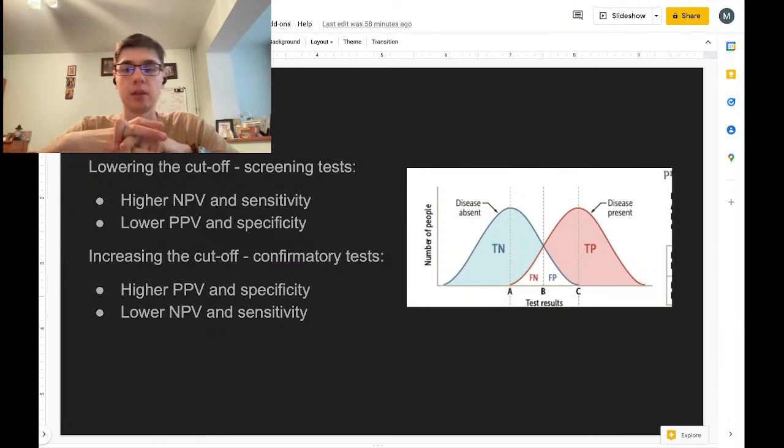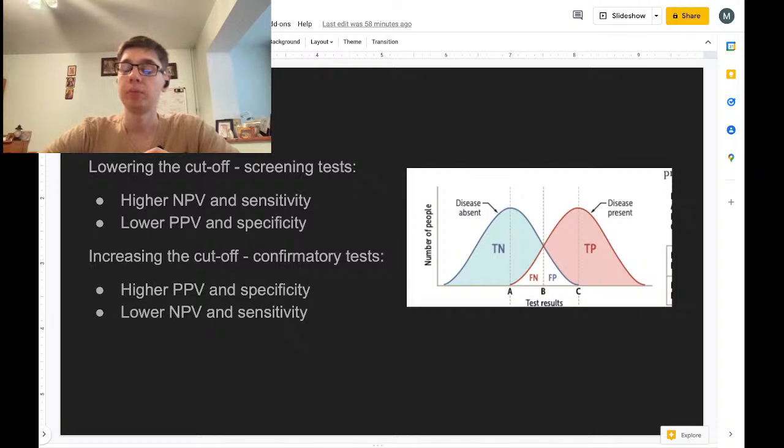Once again, the true negatives here will decrease substantially, leading to a decrease in specificity. In regards to increasing the cutoff, the method is used for confirmatory tests.